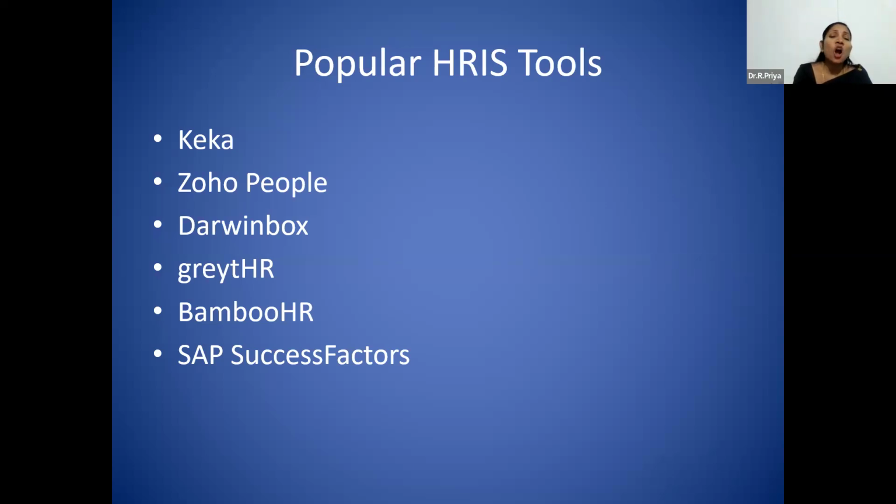Then Darwinbox. It's an enterprise HRMS platform from India. It's gaining popularity in large organizations. Zoho People and Keka, as we saw previously, are suitable for small and medium enterprises as well as startup companies. But Darwinbox is used for large organizations.